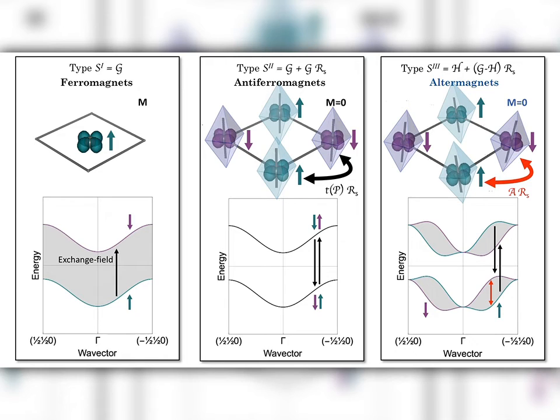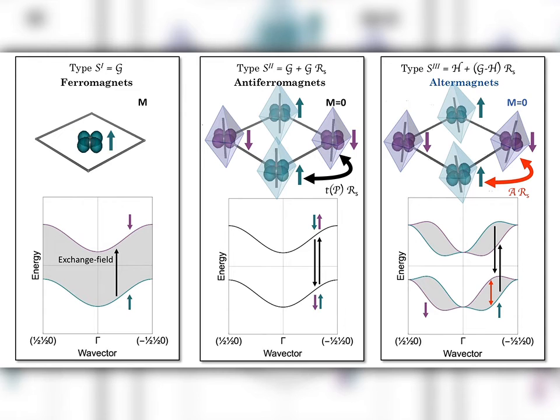And the reason is that the lower energy state here is a mixture of the favored spin orientations from both spin sublattices, so upspin for the green and downspin for the purple sublattice, and then the higher energy state is a mixture of the, let's say, disfavored spin, so it's the higher energy spin up state from the purple sublattice and the higher energy spin down state for the green one.